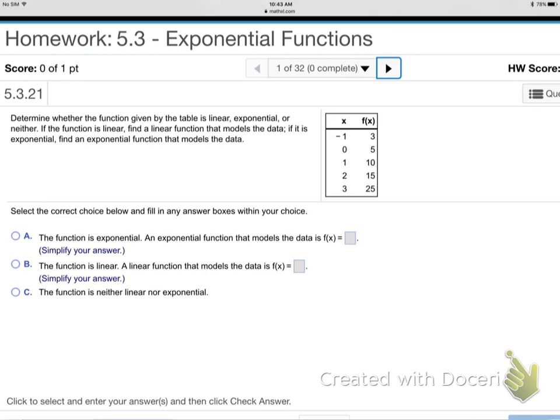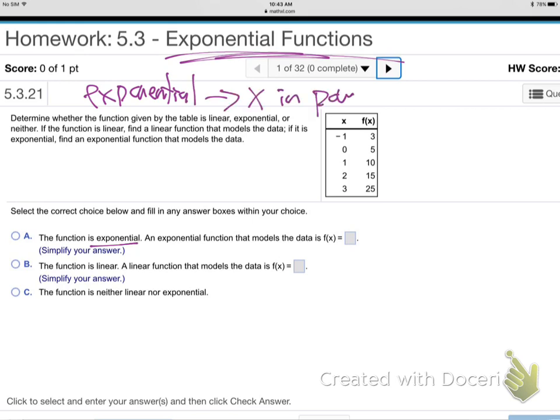Okay, so they give me this table, and they want me to figure out, is this thing exponential, linear, or neither? This section is exponential functions. What are exponential functions? Exponential means x in the power zone. Let's first off be really clear on that. x is in the power zone.